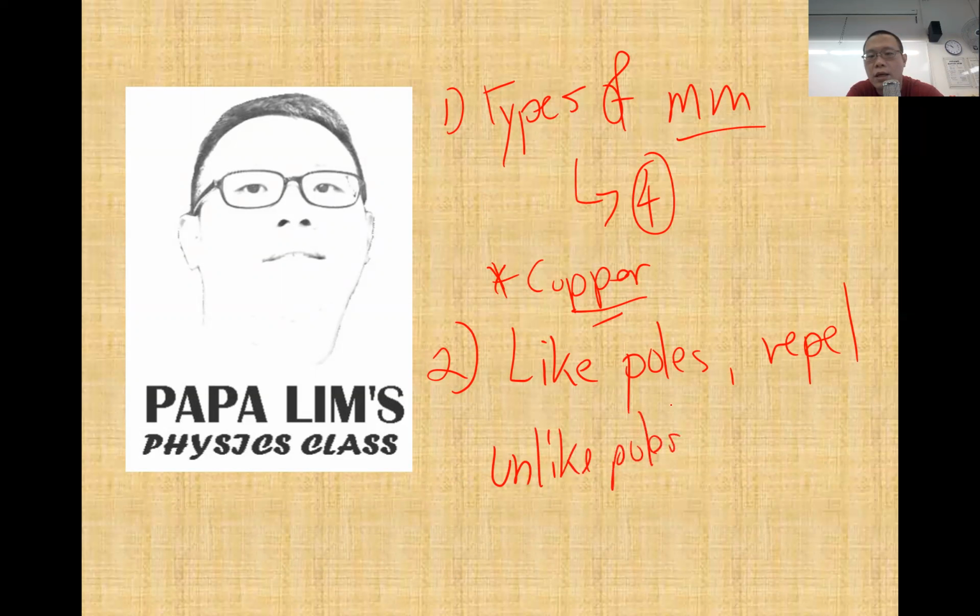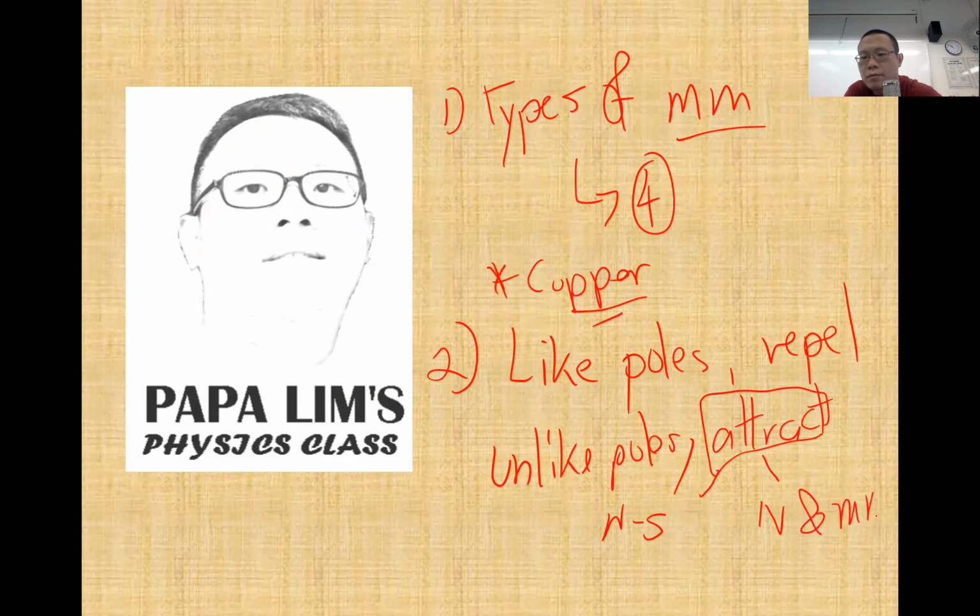Unlike poles attract. But here, like I mentioned before, students have to take note when we talk about attraction. Attraction, like the keyword mentioned, can be between unlike poles, north and south, or I can have a north pole and a magnetic material, and I will still be able to attract. So when the question says there is an attraction between two materials, you have to be careful.